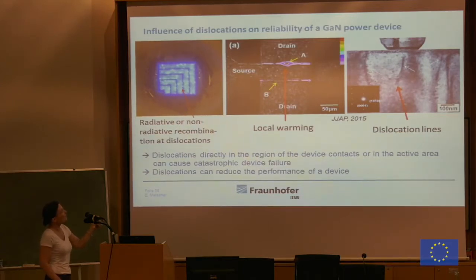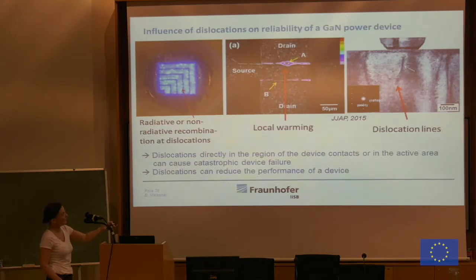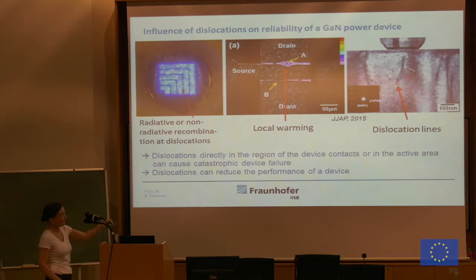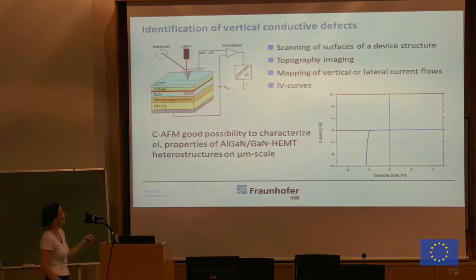And here, for example, you see a transistor and you see some local warming, which can happen at those places where dislocations are. And in a cross-section, you see that underneath a gate contact, you can find a dislocation, which causes, of course, the failure of this device. And in that case, a catastrophic failure.